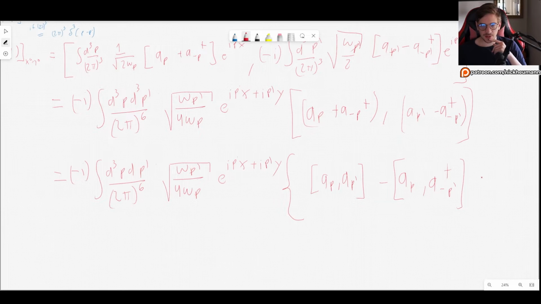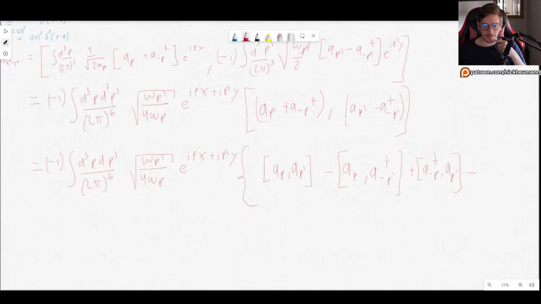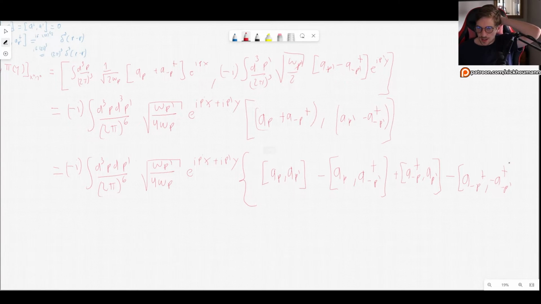And then we have plus the commutator of A_{-p} dagger, comma, A_{p'}. And then we have one more commutator, which is minus the commutator of A_{-p} dagger, comma, A_{-p'} dagger. All right, and there we go.